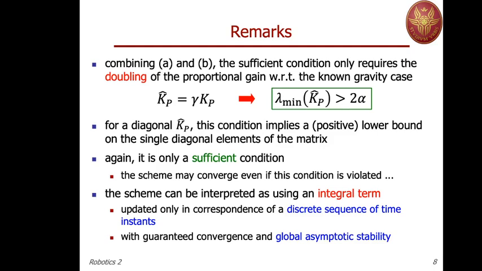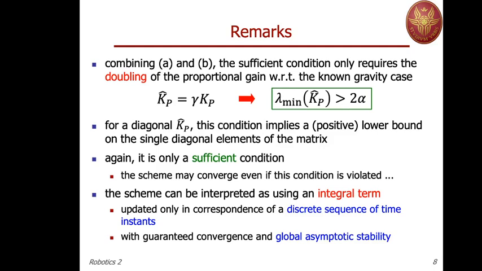So instead of continuously updating the integral term by using the error along the transient, we are using only the error reached at steady state, successive steady states, in order to update this term. So it's kind of a discrete version of the integral term, but discrete in the sense of events. So updating the integral part only at given instants of time, and not accumulating the error over the transient.